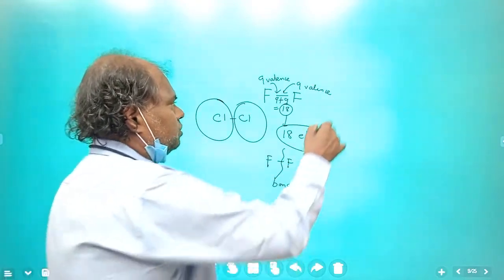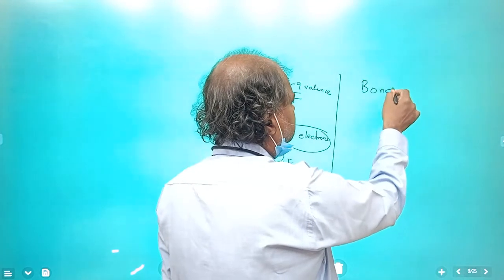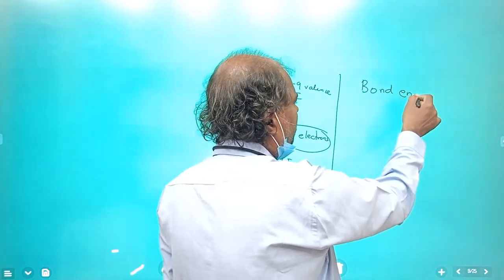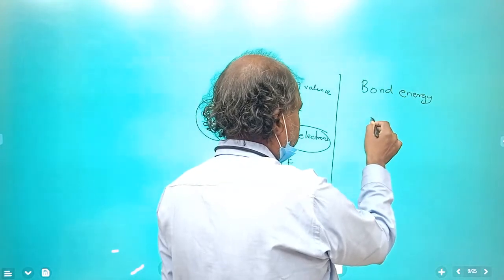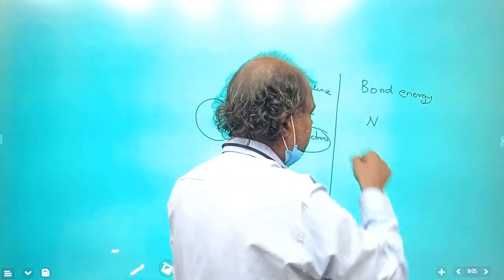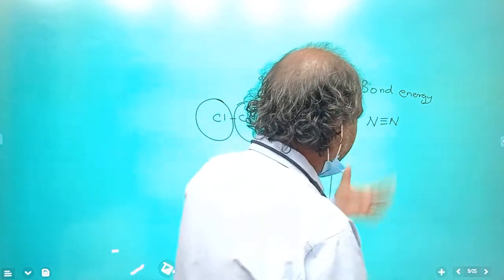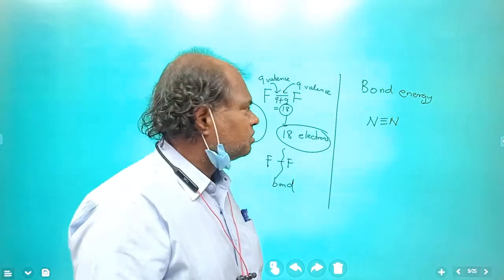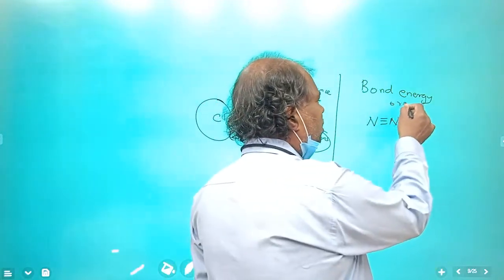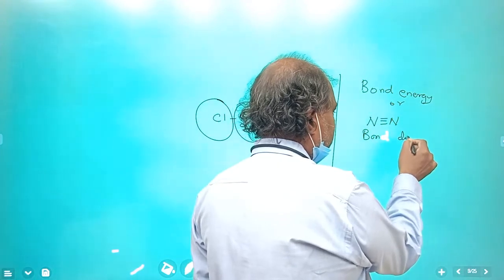Next thing, students, bond energy. What is bond energy? Tell me. The energy required to break a bond. Let me give you some examples. If you see N triple bond N, the energy required to break that bond, there are other names also for this, like bond dissociation energy.